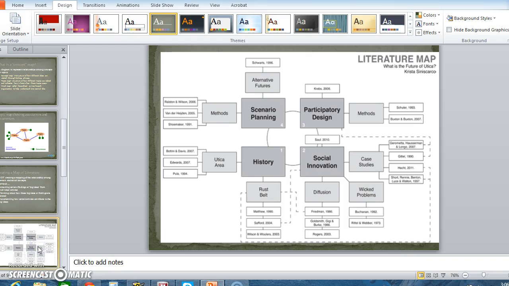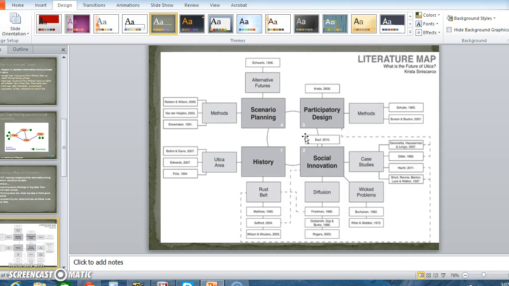Alright, so one example of a literature concept map is one in which you look at a larger topic or research topic, this one being the future of Utica. How is the Utica area going to thrive or not thrive?